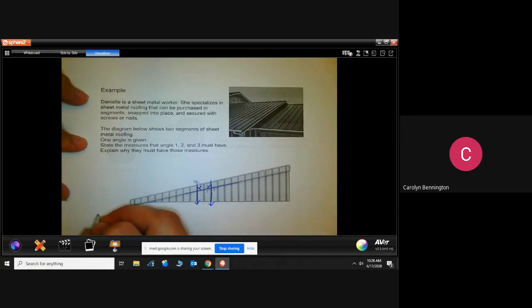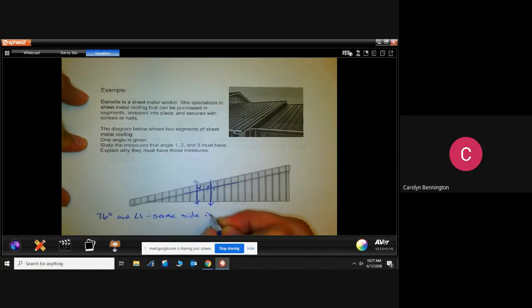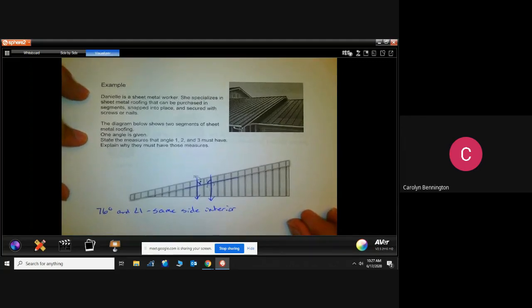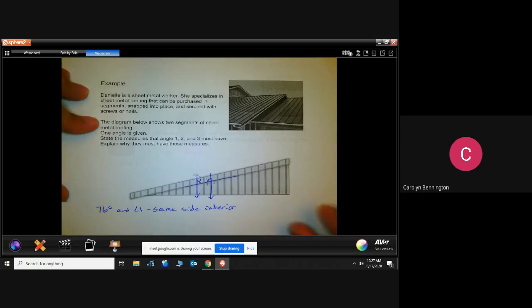So I'm going to say our 76 degree angle and angle 1 are same side interior angles. So when we have same side interior angles, they need to add up to 180 degrees. So we're going to have 180 and we're going to take away 76. So angle 1 is going to equal 104 degrees.